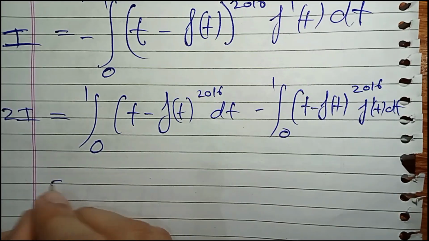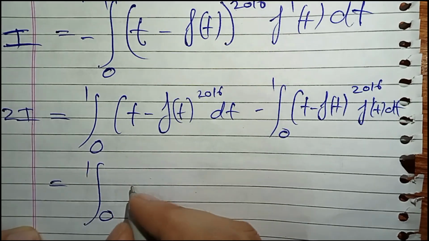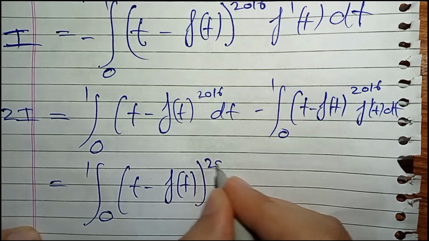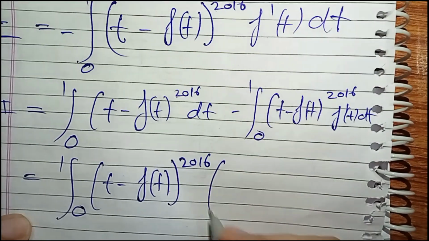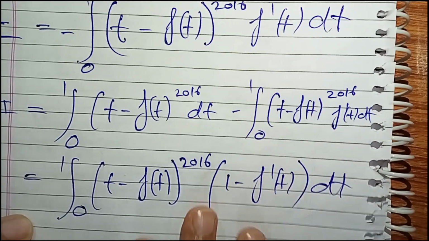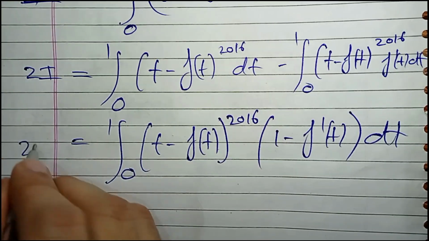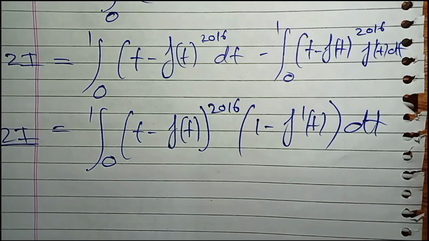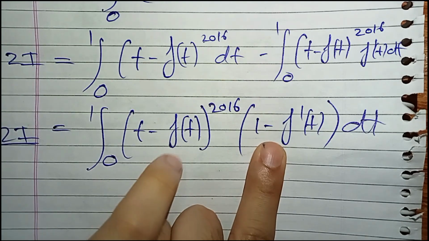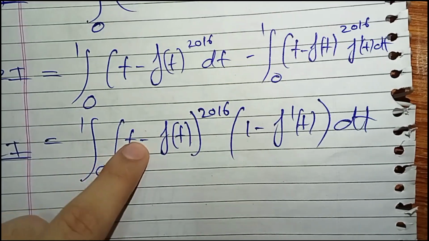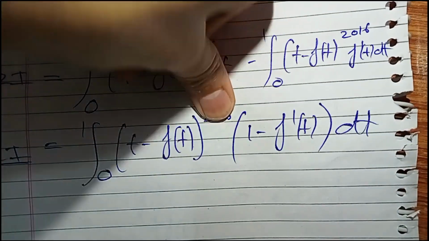I would then have the integral 0 to 1 of t minus f t to the 2016, and in here I would have 1 minus f dash t dt, and this is all equal to 2I. And you see why I added these two I's now, because this thing is the derivative of this function t minus f t, not taking the power.